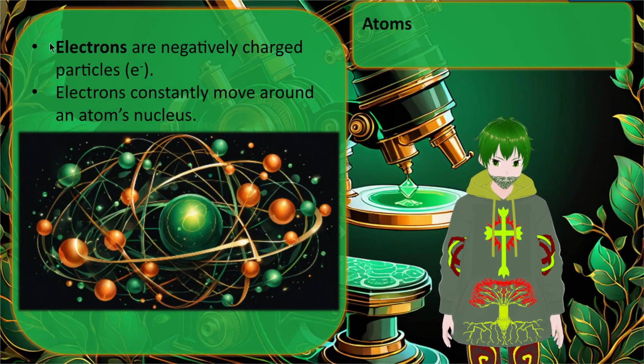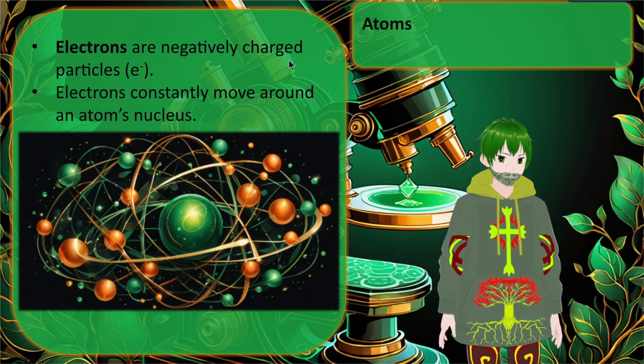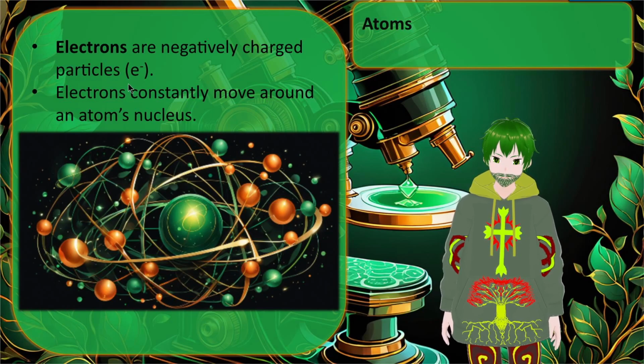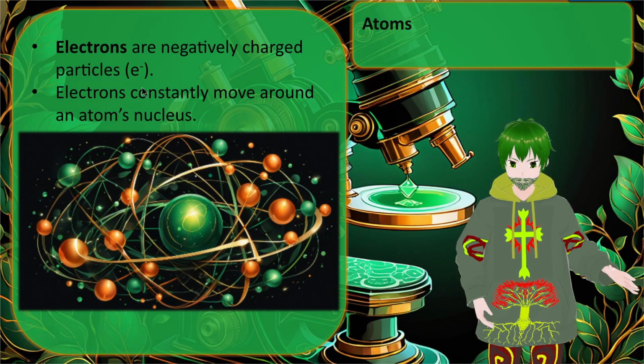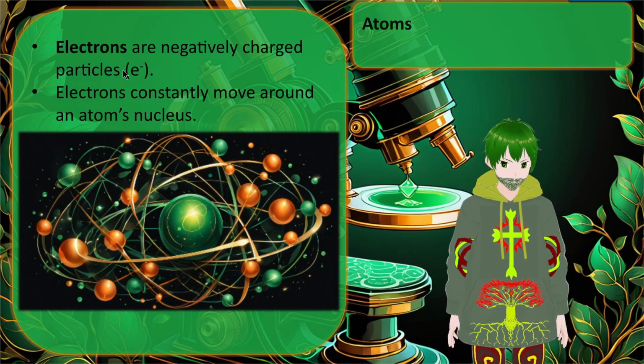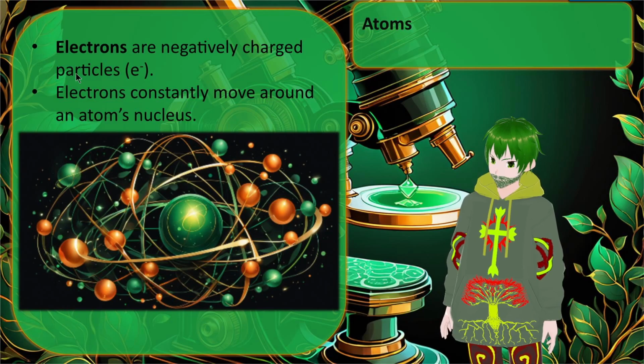Now, electrons, as I already mentioned, have a negative charge. And what makes them really different from protons and neutrons is they have almost no mass. They do have a mass. It's 0.000000, could be missing some zeros, and then a 1 atomic mass unit.